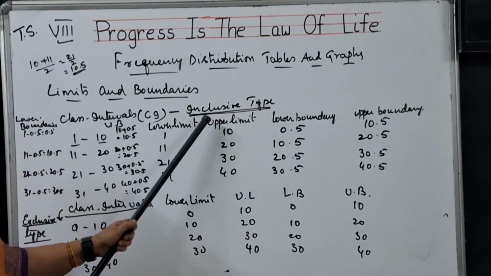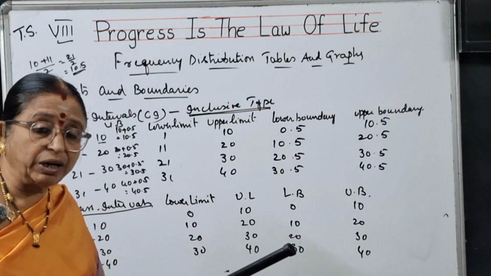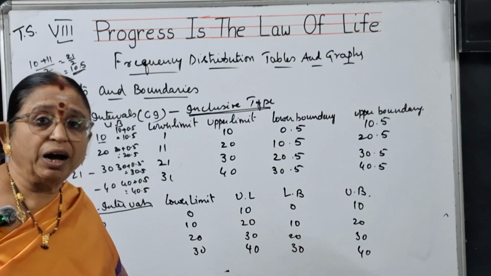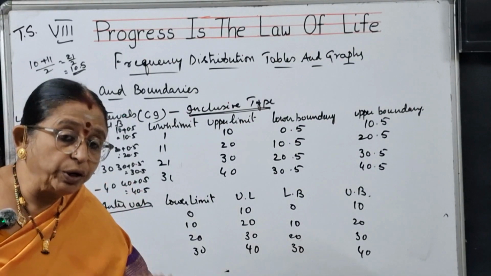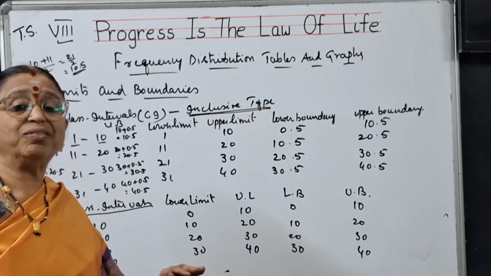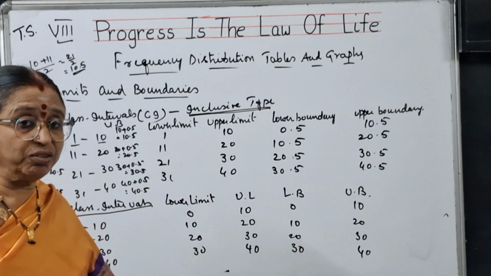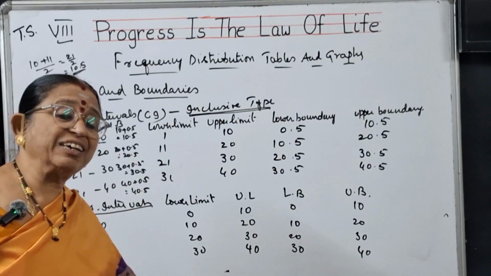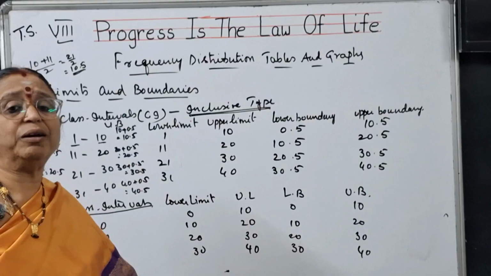Only the thing is identification and remembering these names. Inclusive type, exclusive type. How do you remember the names? Inclusive, when you are including that number in that class interval, you call it inclusive type of class interval. Exclusive means eliminating, means you are removing that number.